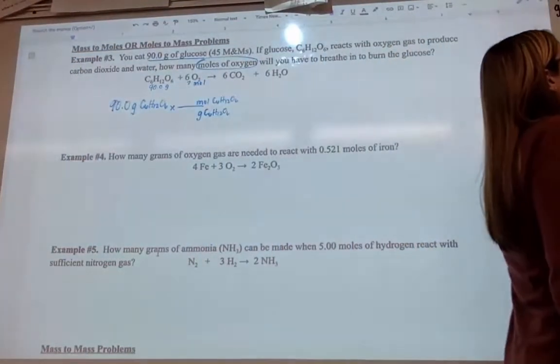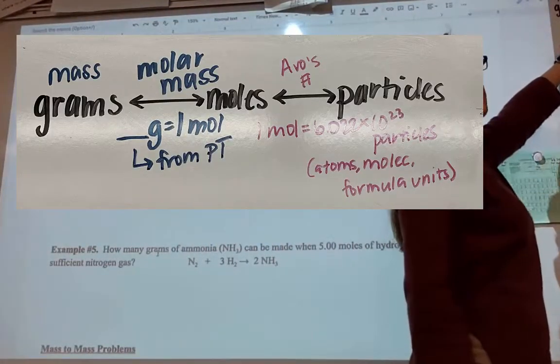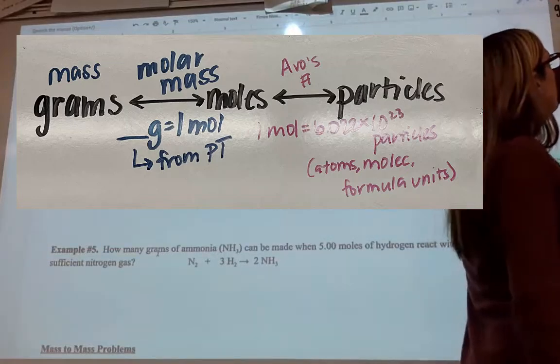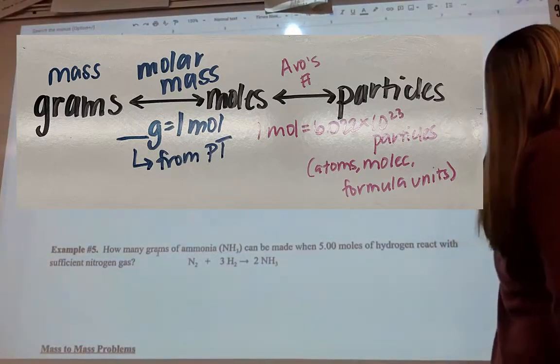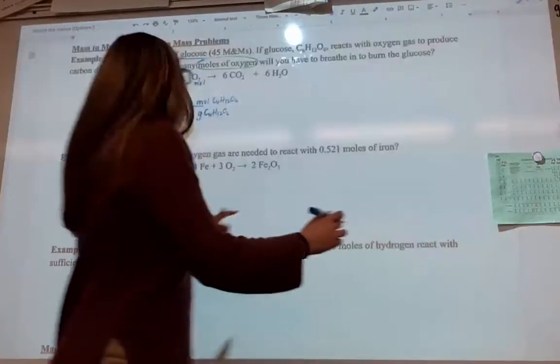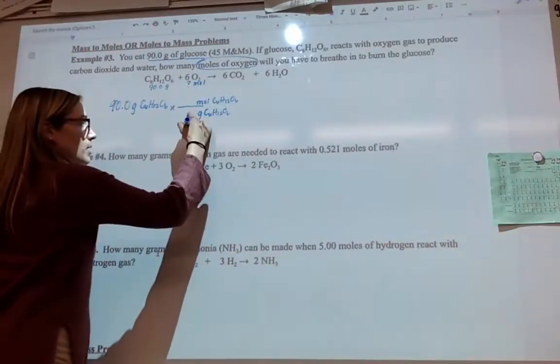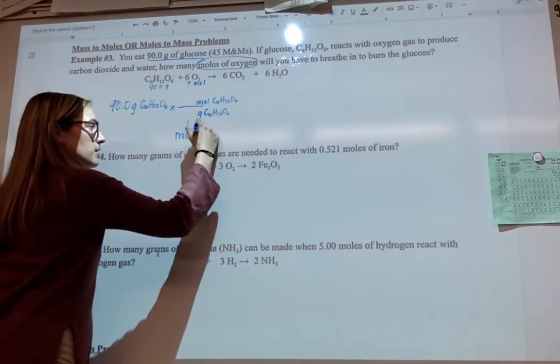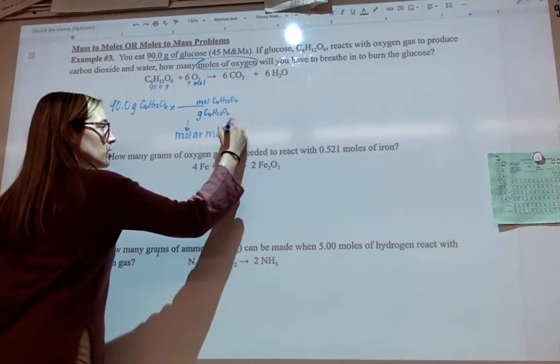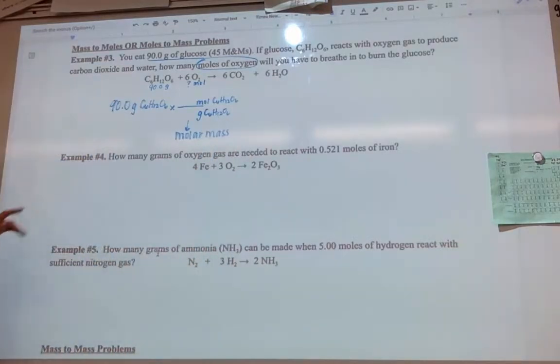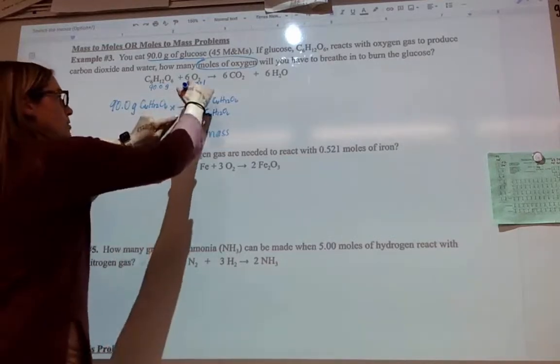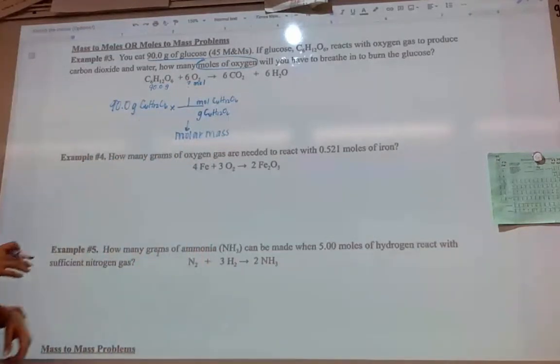Well, if we look up here at how we can convert between the units, remember to go between grams and moles, we need the molar mass. So what I'm going to plug in here is the molar mass. And remember that the molar mass comes from the periodic table. The molar mass is a certain number of grams for every 1 mole.